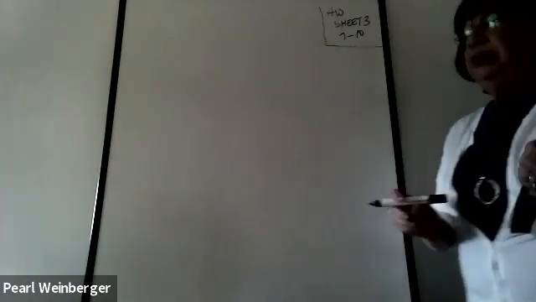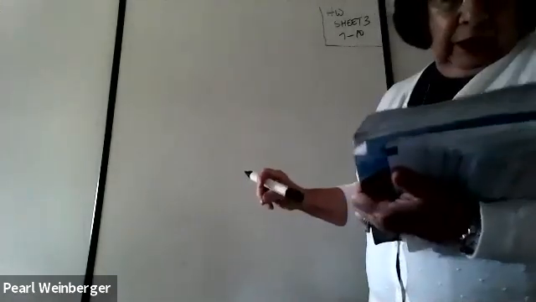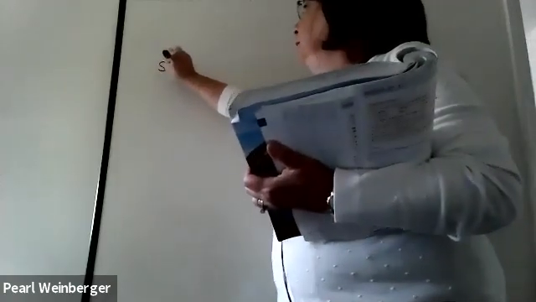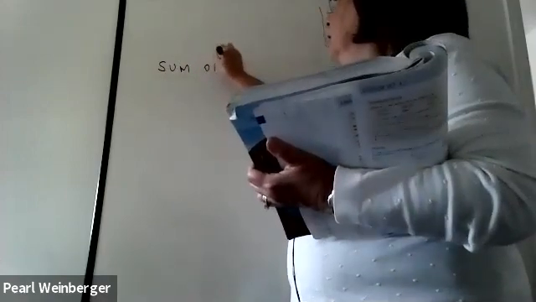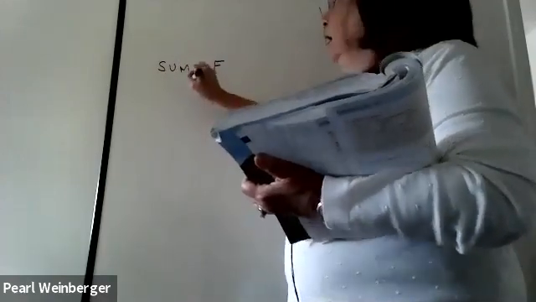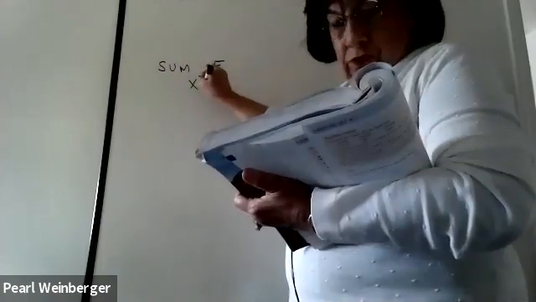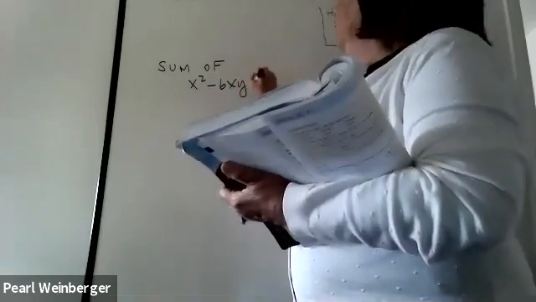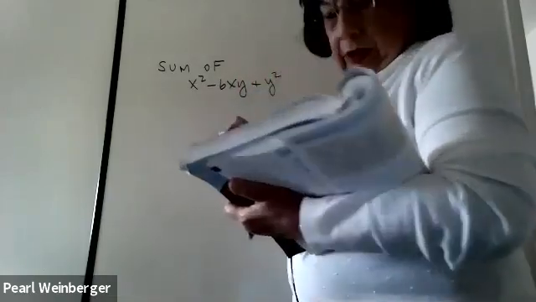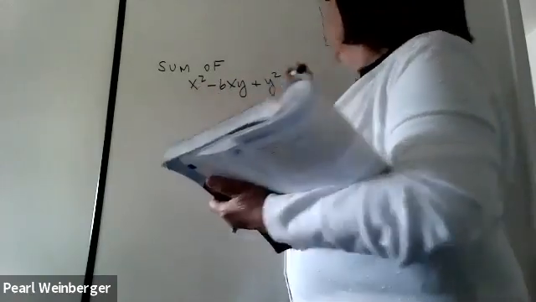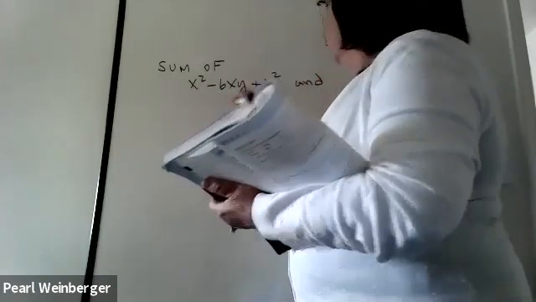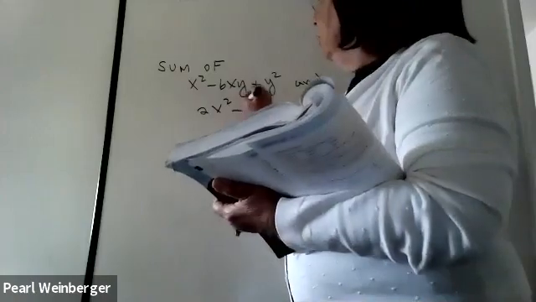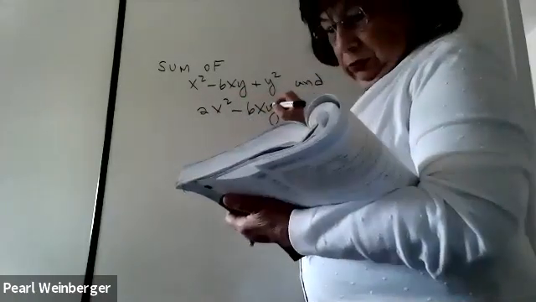Again, if you're looking in the textbook, this is chapter 4. It says, find the sum of x squared minus 6xy plus y squared and 2x squared minus 6xy minus y squared.